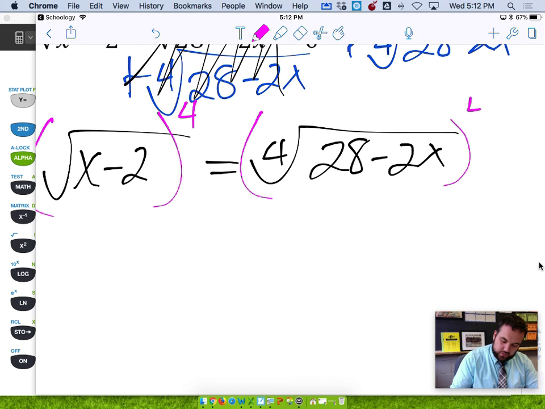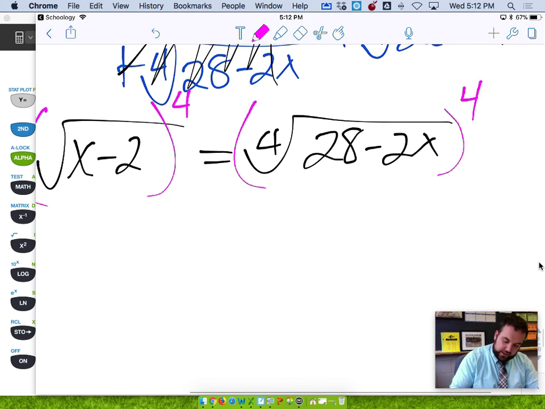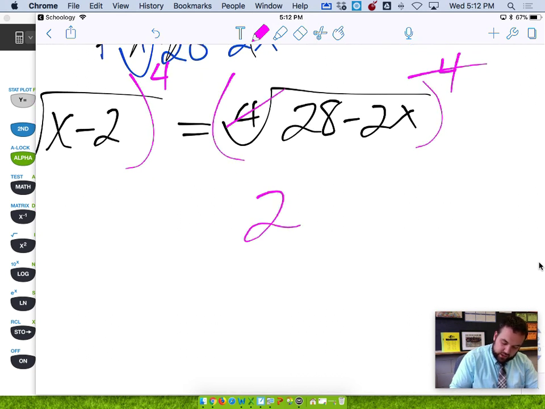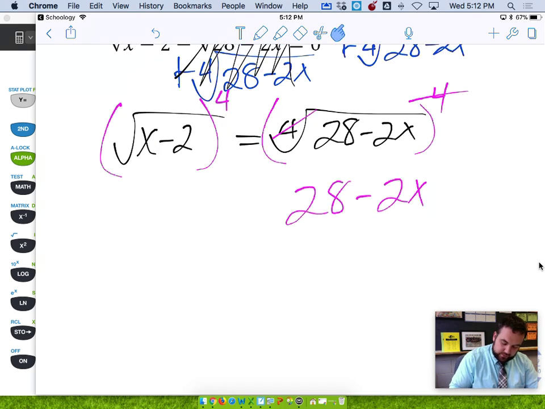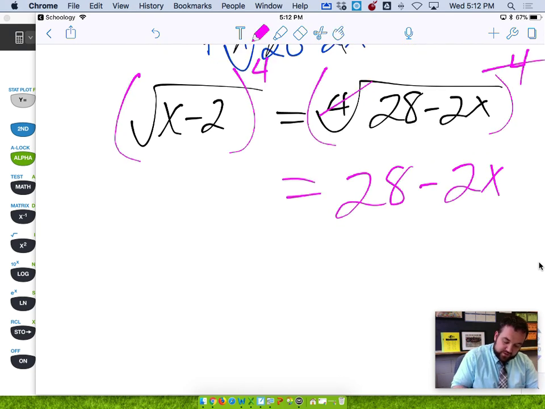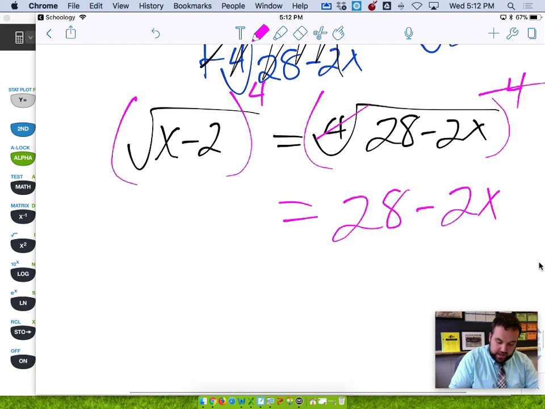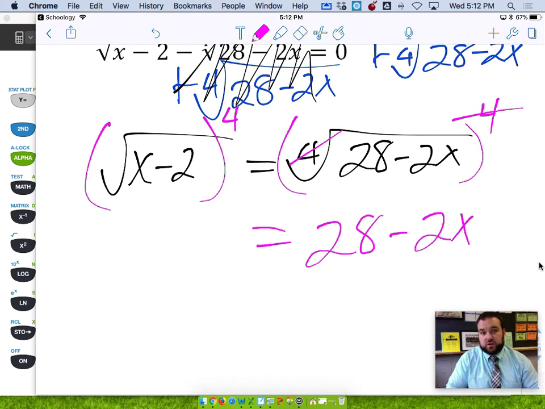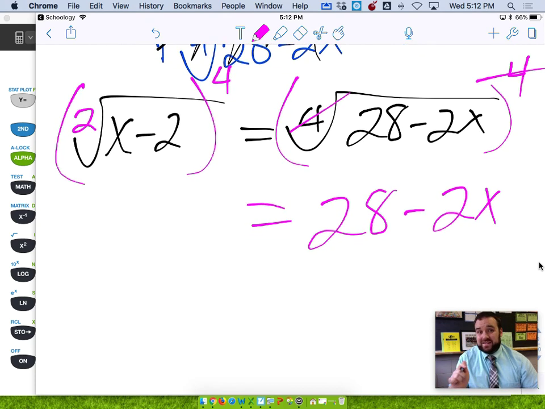Okay. And what that allows me to do is cancel this fourth root, and I just get 28 minus 2x, which is sweet. But on the left side, I have the square root of x minus 2 to the 4th power. But remember, a square root is an index of 2, and the index can be written as the denominator of a power.